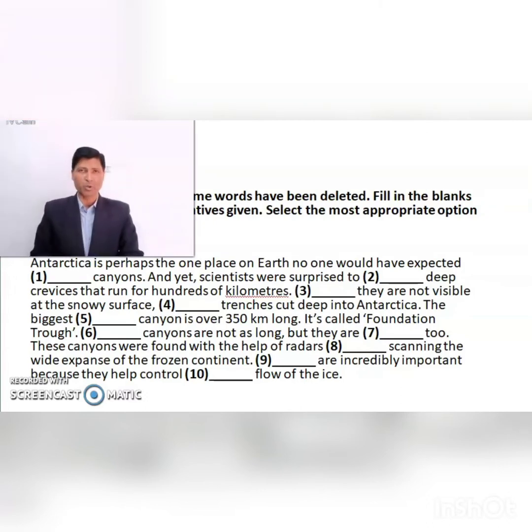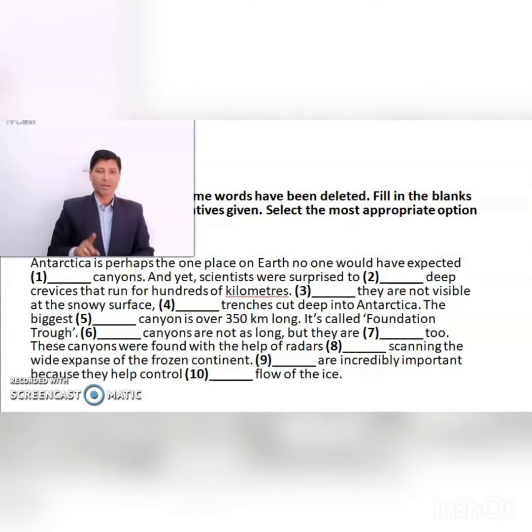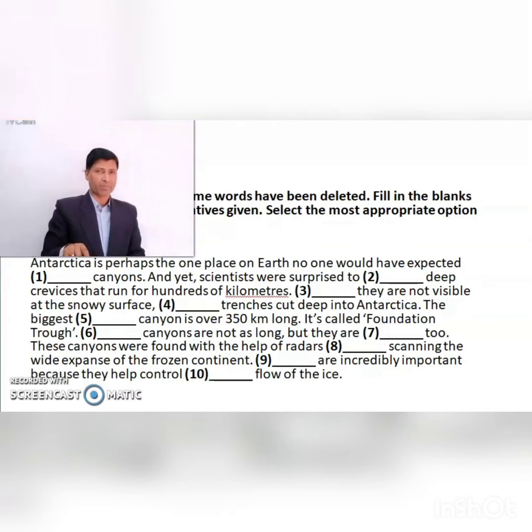That I am trying to show how to save time. That run for hundreds of kilometers. Again, in blank space number 3, the question has been framed by applying the pattern. Just after the blank space, you are getting "they," which is the subject. So there should be a conjunction here. So they are not visible at the snowy surface, blank space.